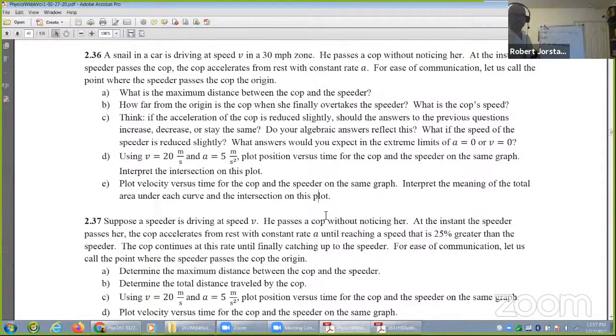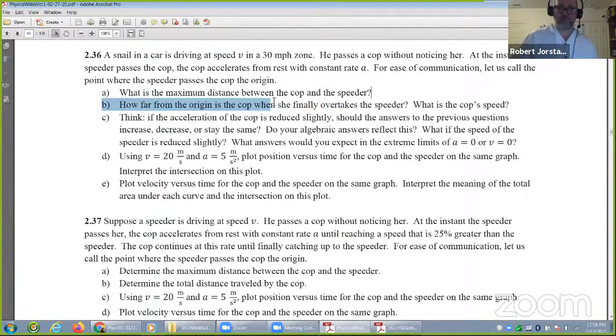Passes the cop without noticing her. Cop accelerates from rest. All right.